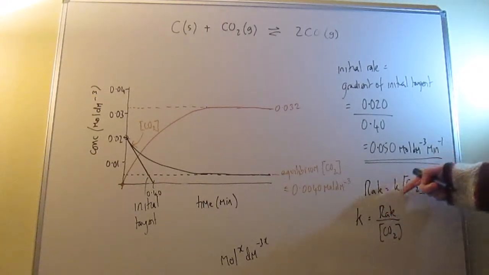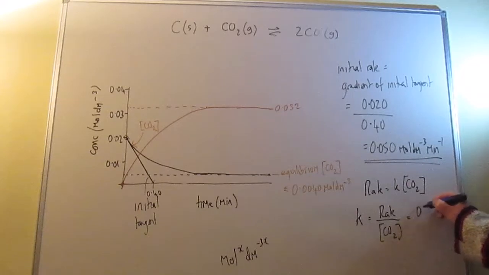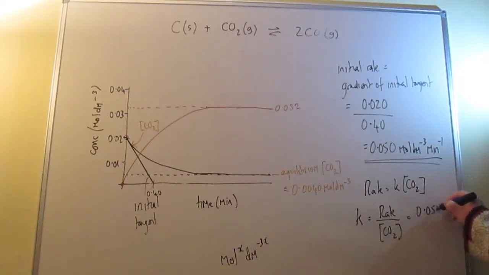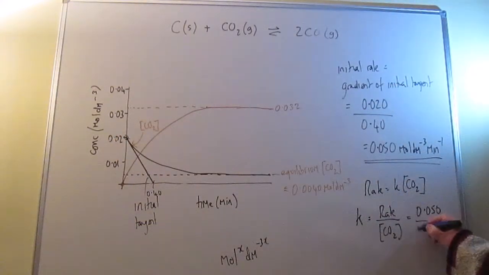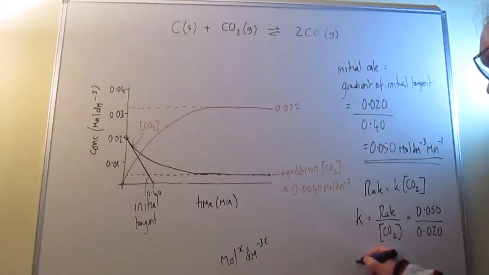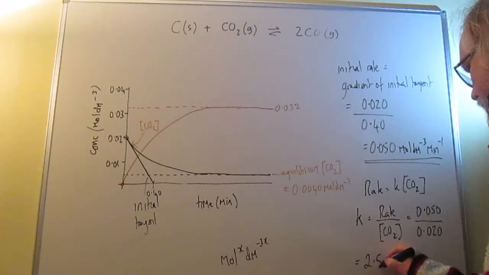That's simply sliding that diagonally over from the right hand side to the left, and that's the number we've just calculated there. 0.050 is the top line, divided by the initial concentration, which is 0.020, which, using my numbers, comes out to be 2.50.